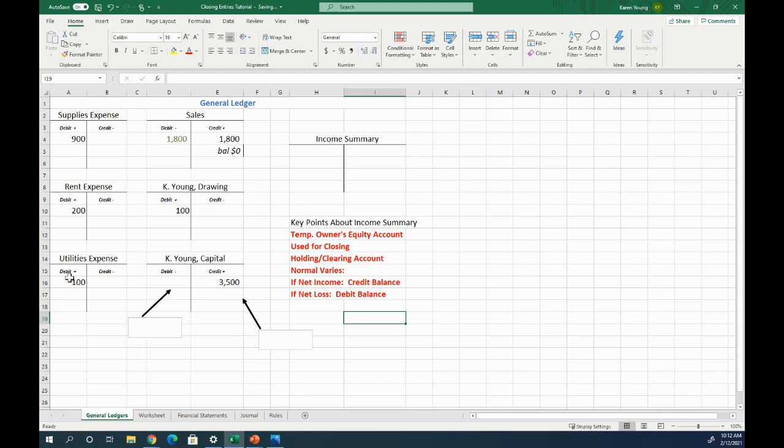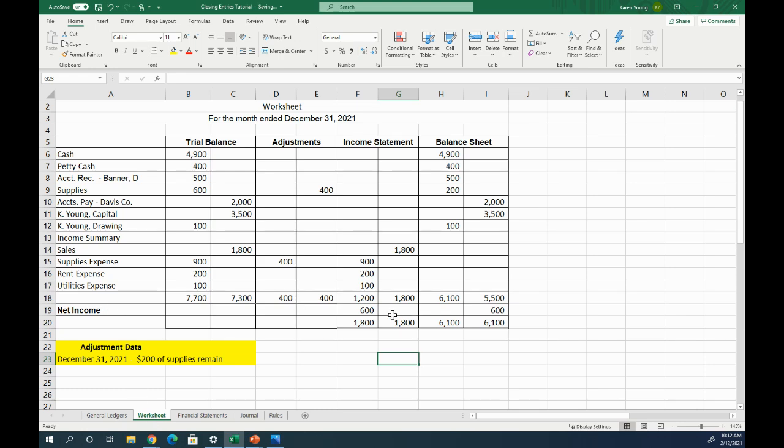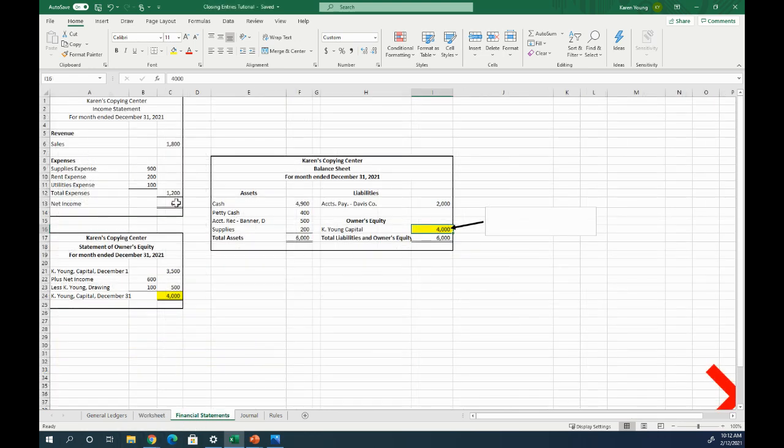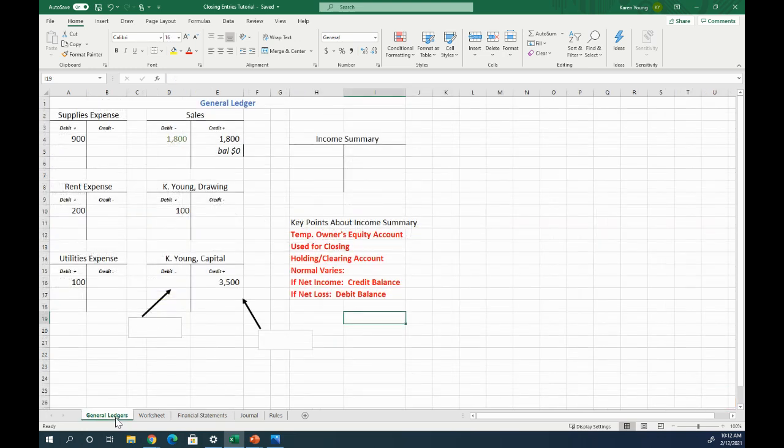Net loss, debit balance, like expenses, like drawing. Now, when you're doing your closing entries, this is not like, ooh, I don't know the answer. We already know twice. Here, I proved I have a $600 net income. And here, I proved I have a $600 net income. So it's not like you don't know going into closing entries.